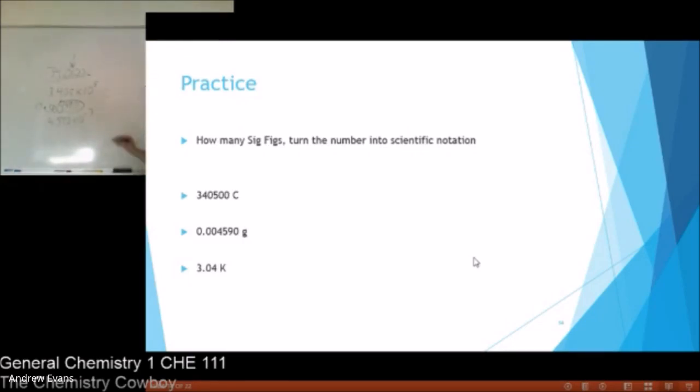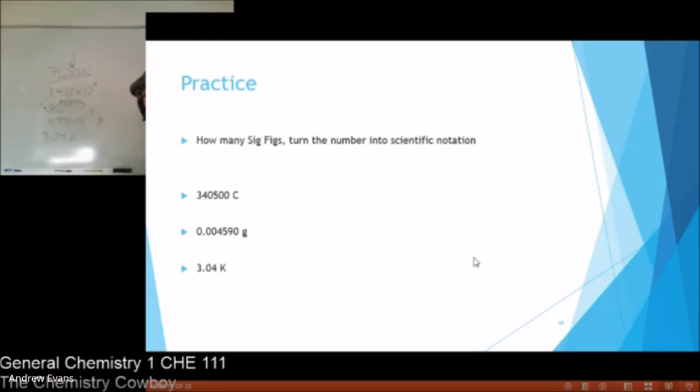And that's grams. As we'll learn in dimensional analysis in a bit, that would be something like 4.590 milligrams. The last one, 3.04.